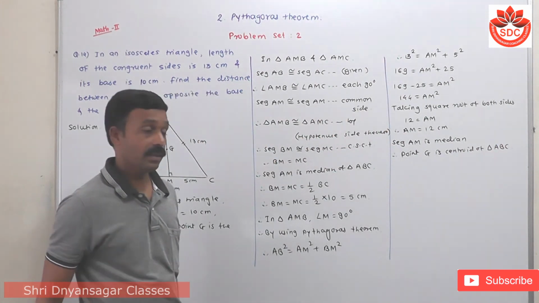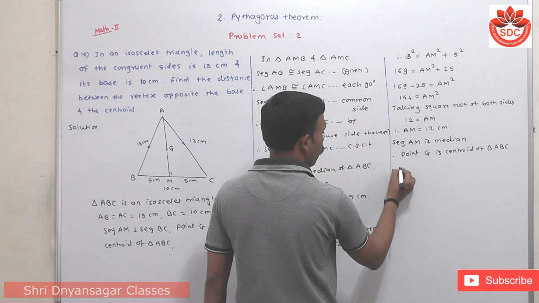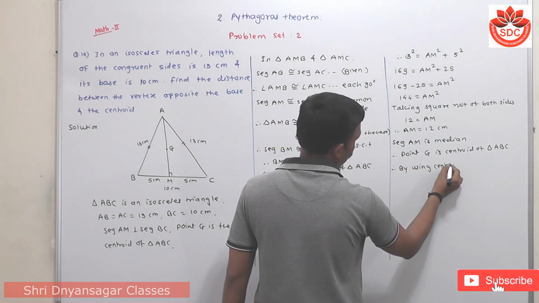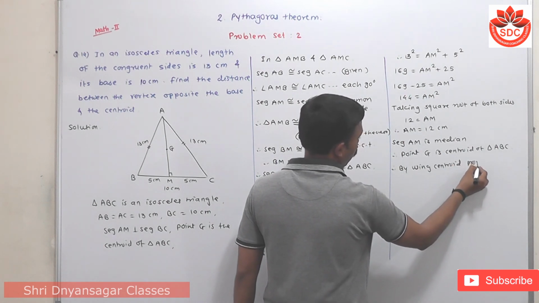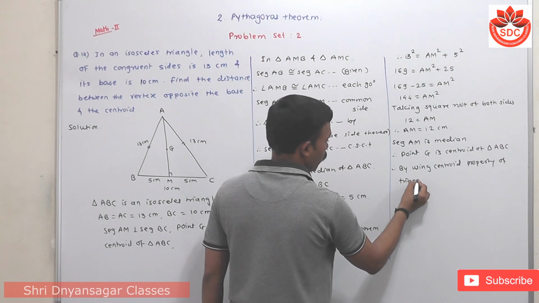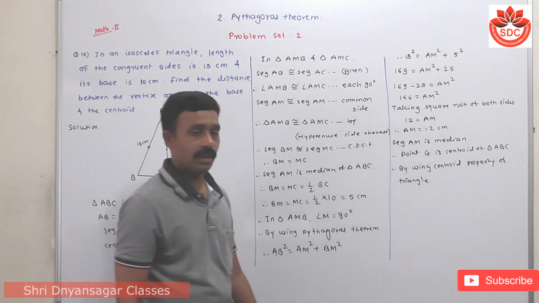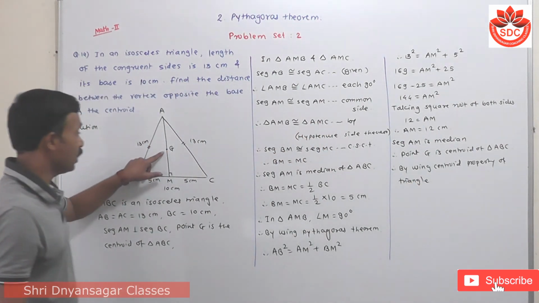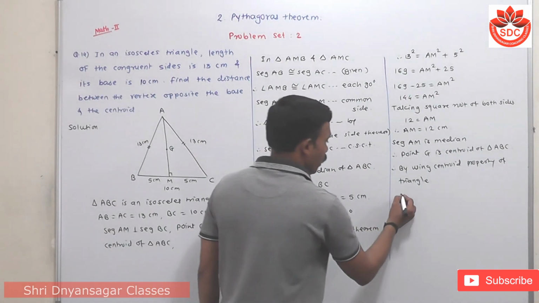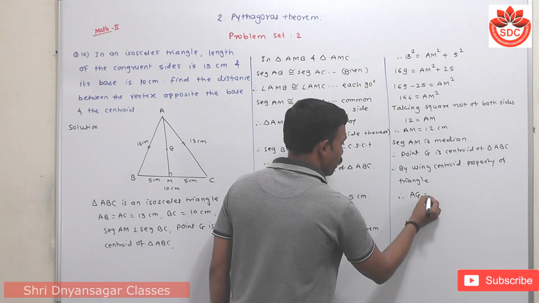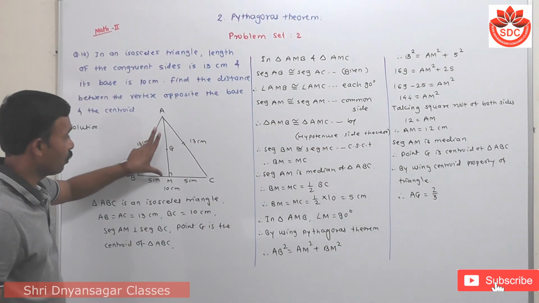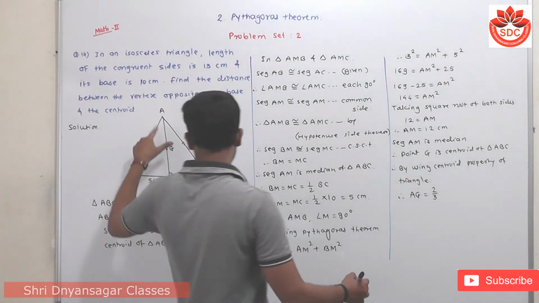Then we know the centroid property. By using the centroid property of a triangle, which you study in 9th standard, the value of AG is equal to 2 upon 3, meaning 2 parts of the 3 parts of the median segment AM.